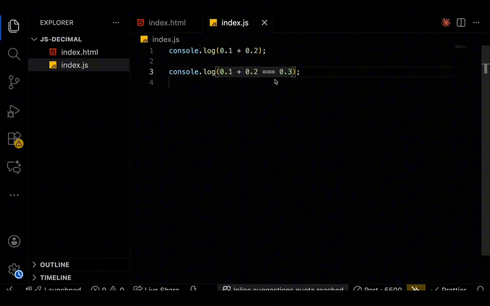Because when the computer is evaluating decimals, it evaluates them as though they are binaries. So think about it like you are trying to perform an arithmetic division of 1 divided by 3, and then you get a lot of floats, right? A lot of floating numbers. And that's basically how it works when you work with decimals.